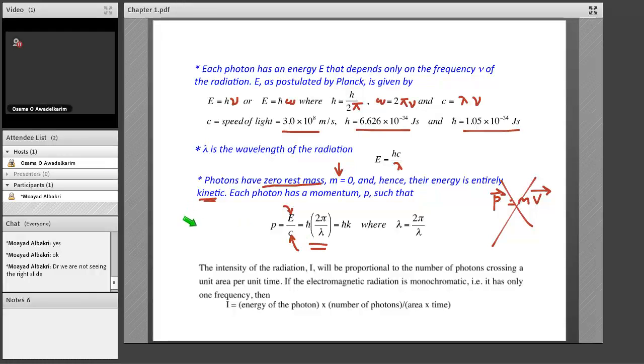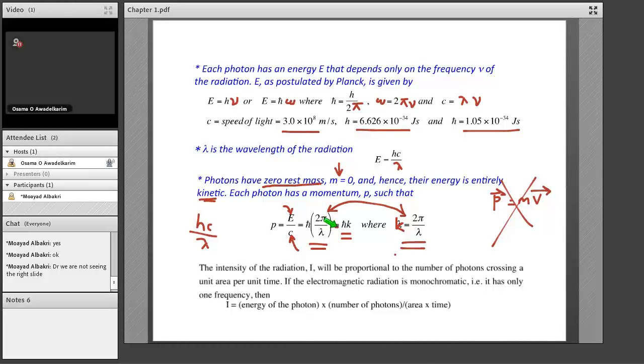Because energy is h c over lambda, and c is lambda nu. So you can immediately see that this is true. The momentum is h bar k, where k is equal to 2 pi by lambda.